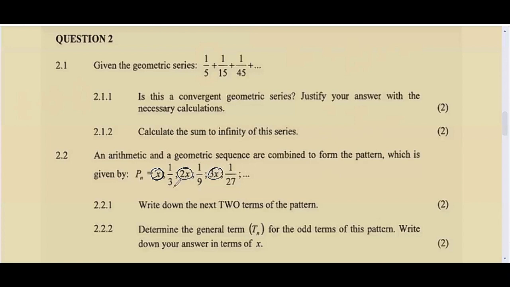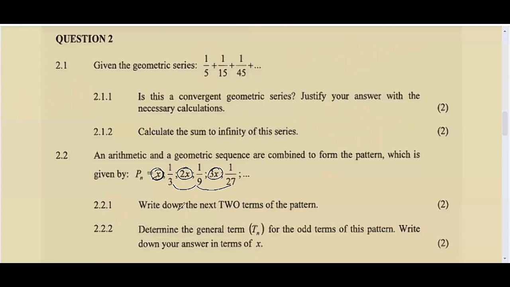So that's how they combine those. So looking at this, it is x, 2x, 3x. You can tell that here we have a common difference of just x. But then looking at this one, we can see that we have a common ratio here, right? So our common ratio is 1 over 3? Yes, our common ratio is 1 over 3.